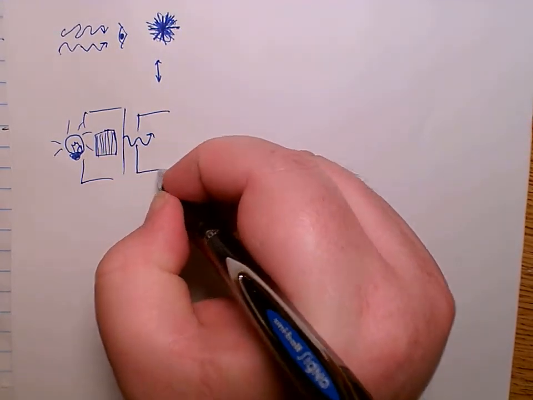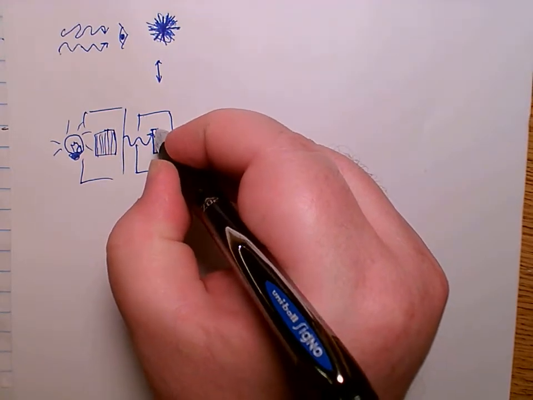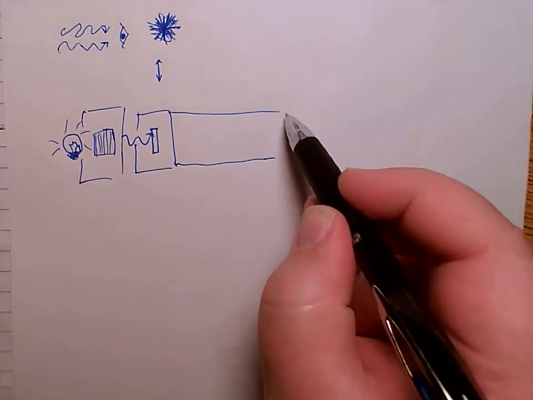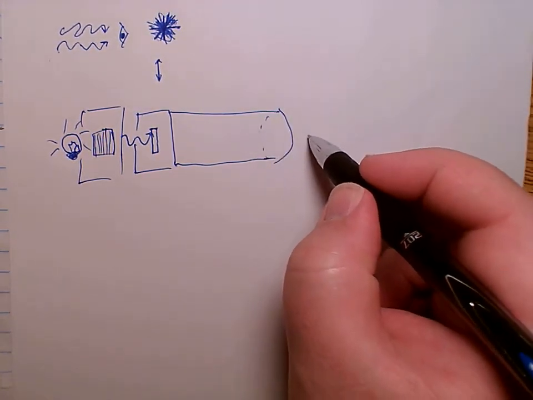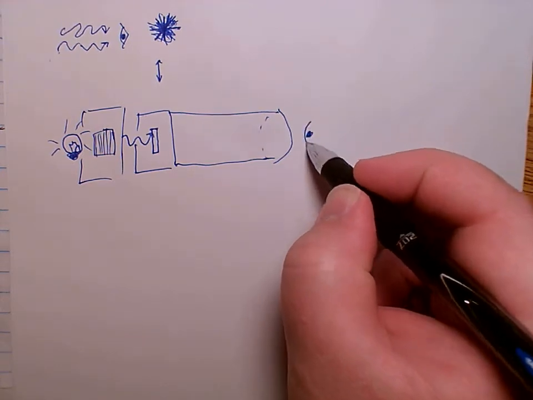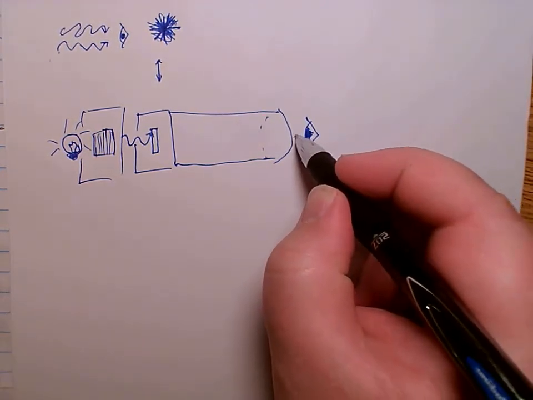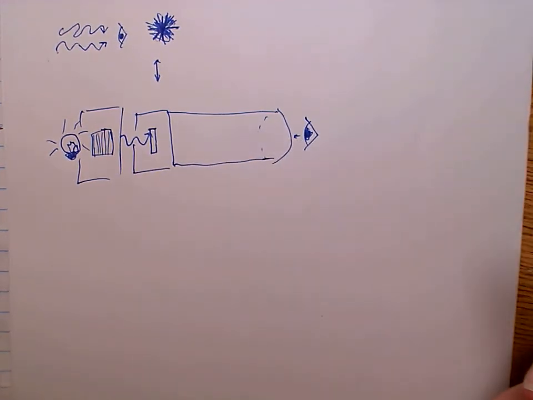We then make it go through what we call a slit, just this tiny little opening here. We attach that to a hollow tube. And then what you're going to do is look with your eye here down along this hollow tube.